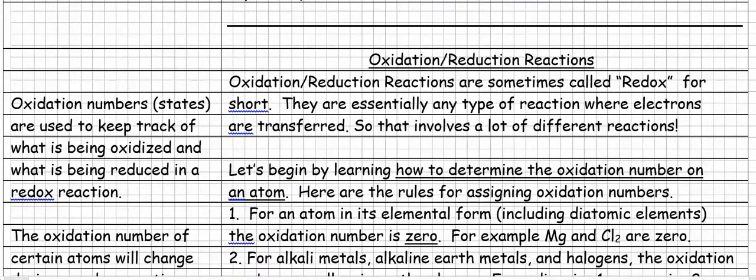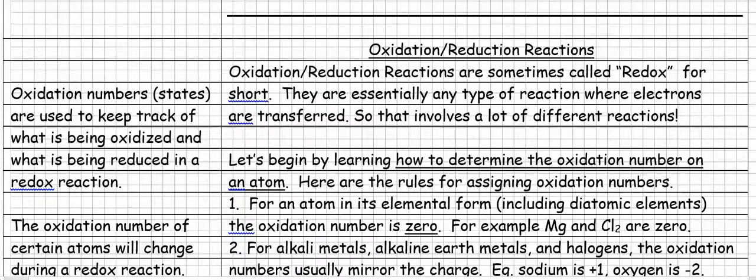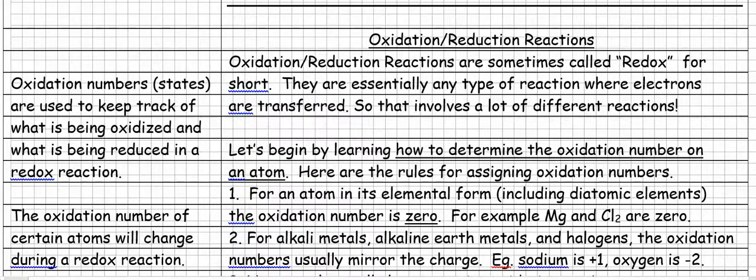So oxidation reduction reactions. Let's talk a little bit about what we mean by oxidation and reduction. Oxidation reduction reactions are sometimes called redox for short. Redox reactions are essentially any type of reaction where electrons are transferred. So that includes a lot of the reactions that we've already talked about.